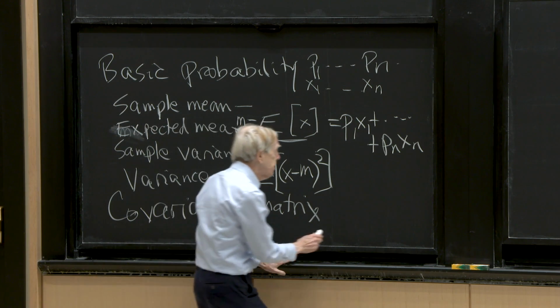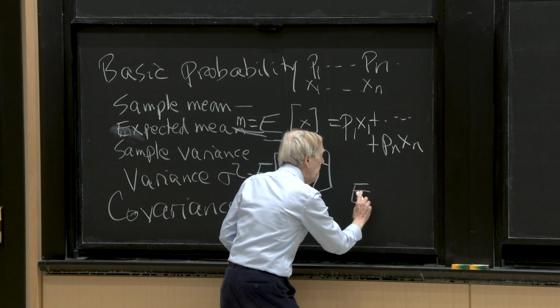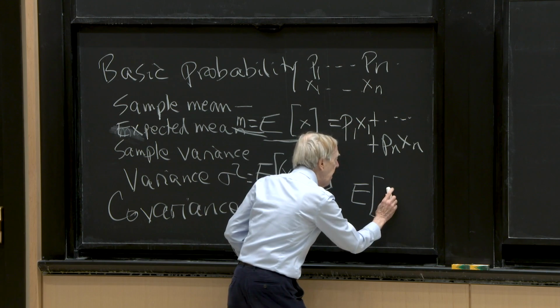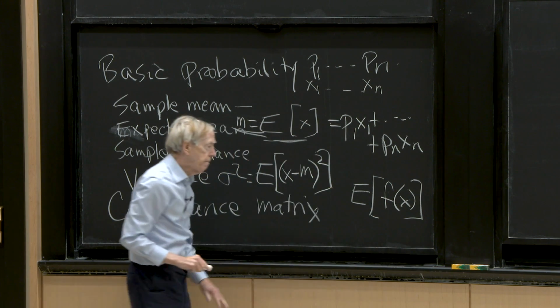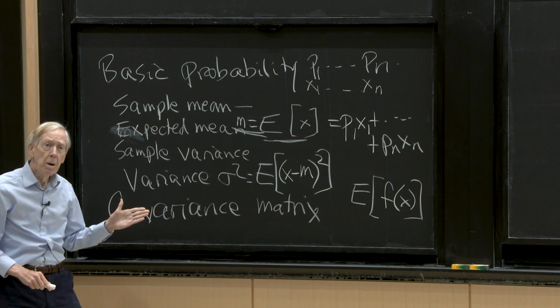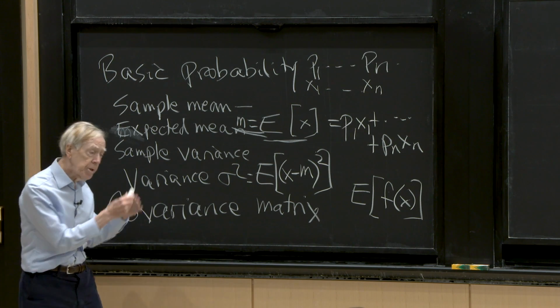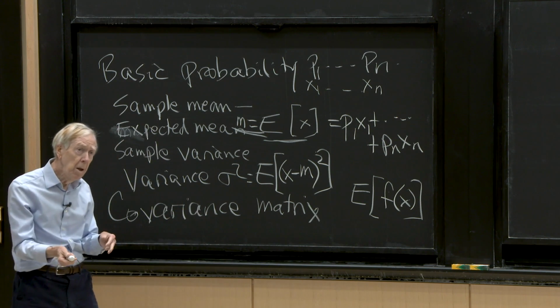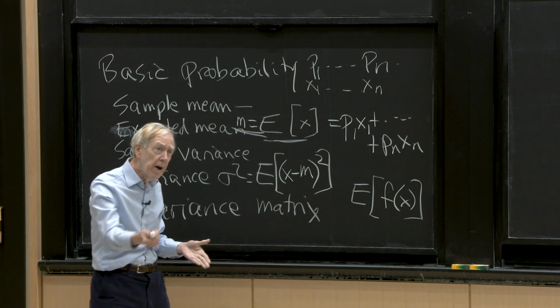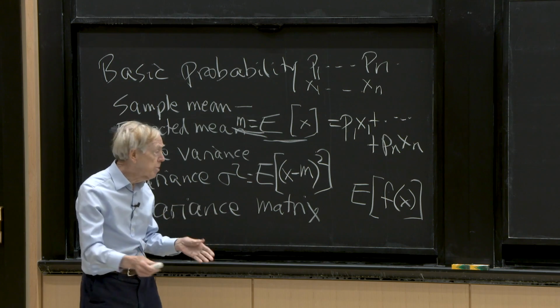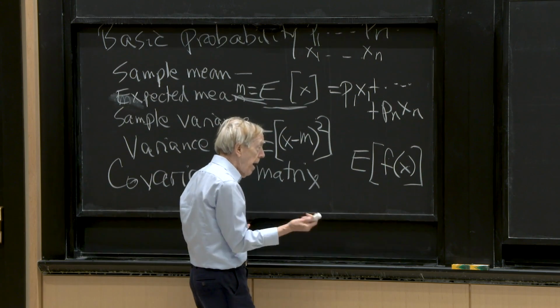But let me just stretch it as far as what would be the expected value of any function of x? Well, we've got n possible outputs, x1 to xn. We look at f of x1 up to f of xn. We weight those by the probabilities that they happen.